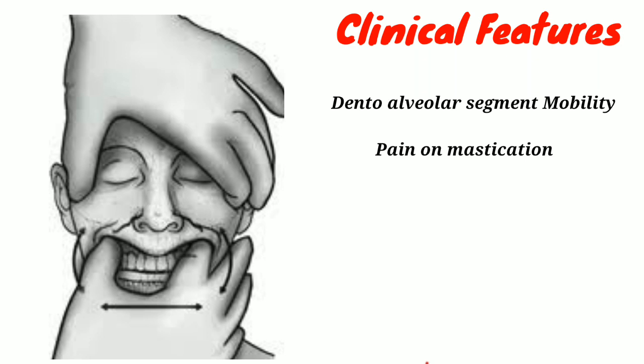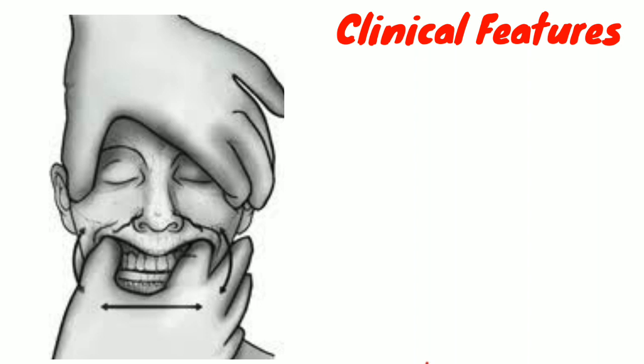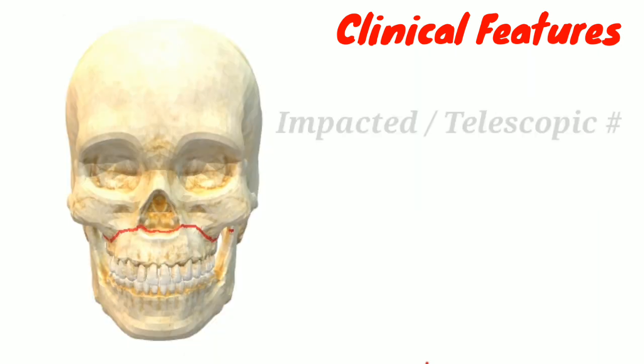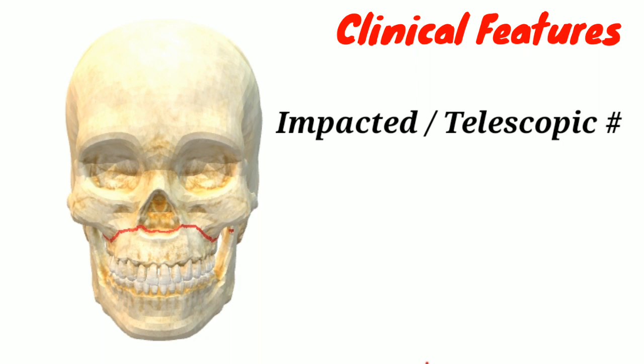I told you one of the fracture types associated with Le Fort 1 is the floating type, where the complete disjunction of the maxillary part allows the maxilla to rest only on the soft tissue, not joined with the skeleton, so you can move it. Another type of Le Fort 1 fracture is an impacted or telescopic fracture.